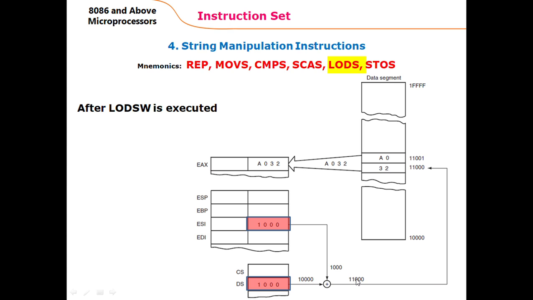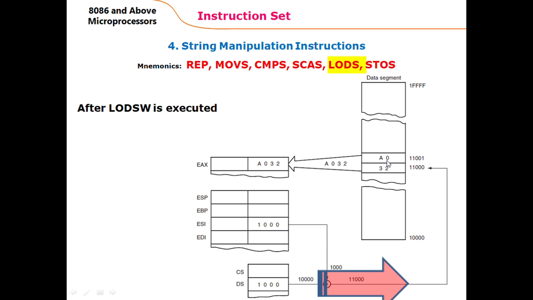That is 11000 here, and this physical address then identifies a location in the data segment, and in this case as 2 bytes are moved, this is the 11000 memory location that was calculated here. The physical address was calculated here, but as the data transfer is 2 bytes, the first byte is taken from the address calculated, and the second byte is taken from the next higher address, which is this one.